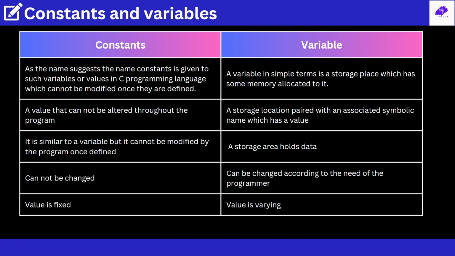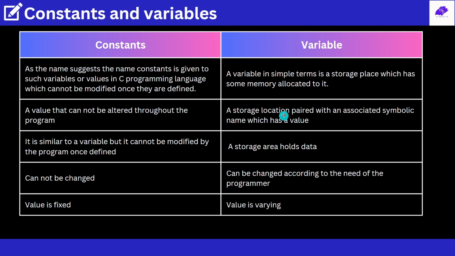We can refer to a variable as a container which we use for storing something, but in the case of the C programming language, a variable is storage in memory which is used for storing some value of data, that is integer, float, etc. A constant is a value that cannot be altered throughout the program. If we fix any value, for example pi, that is 3.14, its value can't be changed in the program. So we will define it as a constant.